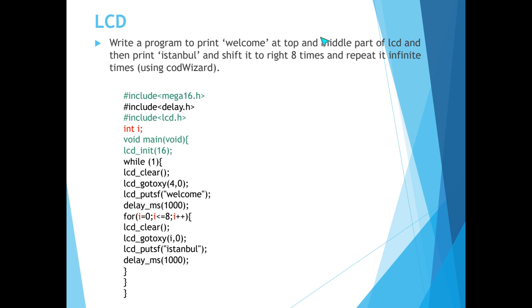But when it wants us to print welcome in the middle part of the LCD, because our LCD includes 16 columns, then we subtract the number of letters from 16, and then sorry, a moment.